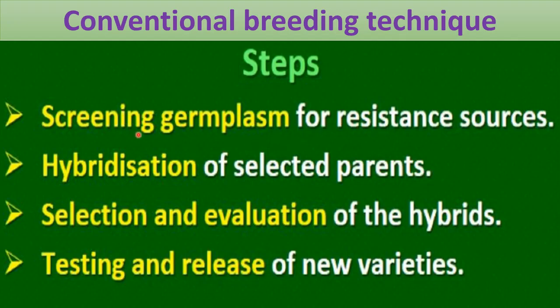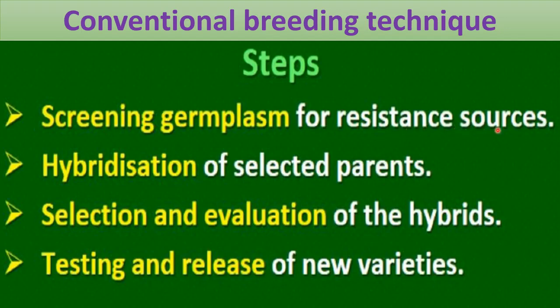Screening of the germplasm for resistance sources. Resistance sources means the plants having disease resistant power. First of all we will collect the germplasm, and then we will screen that germplasm, or you can say we will select the good sources from that germplasm, or you can say the plant having disease resistant power will be selected. So screening of germplasm for the plants having disease resistant power, that is called resistance sources.